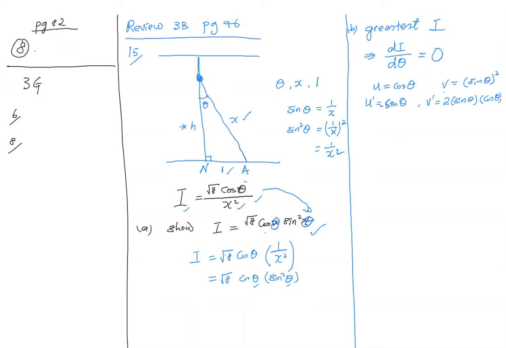Okay, so before we substitute, maybe you would like to write this as 2 sin theta cos theta, or we just leave it. Okay, we just leave it. Then we see how is our dI over d theta.